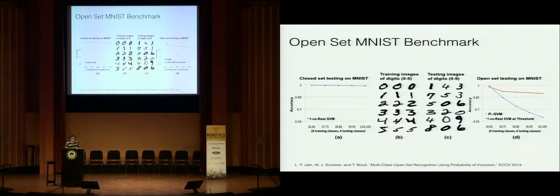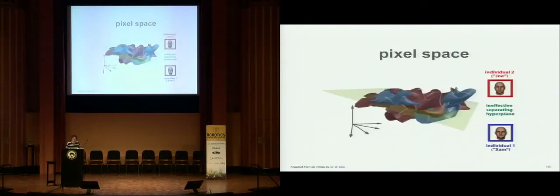And in fact, we can take a different algorithm, one that my lab developed that is more tolerant of open set recognition, and it does much better, but it also drops in performance as the world grows to be more open. So this is very curious. We should be doing quite well on MNIST, even for an open set problem, no? Turns out this problem is far more challenging than most people give it credit for.